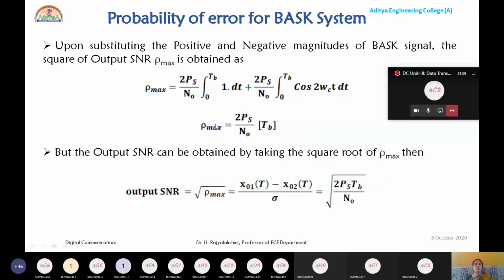So finally you get the square of output SNR rho max as 2Ps by N naught into Tb.